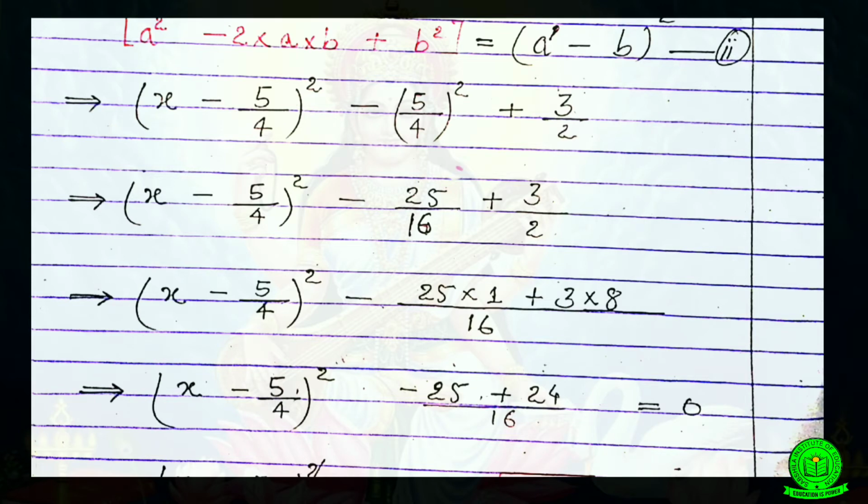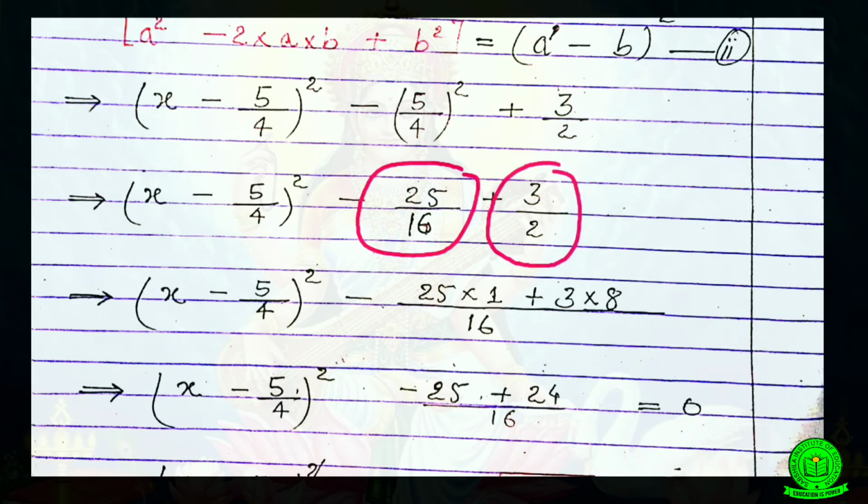Okay, after solving, if you find the square of 5, you will get 25. You find the square of 4, you will get 16. Now here are the fractions 25 by 16 and 3 by 2, and we have to add, so we have to find the LCM.